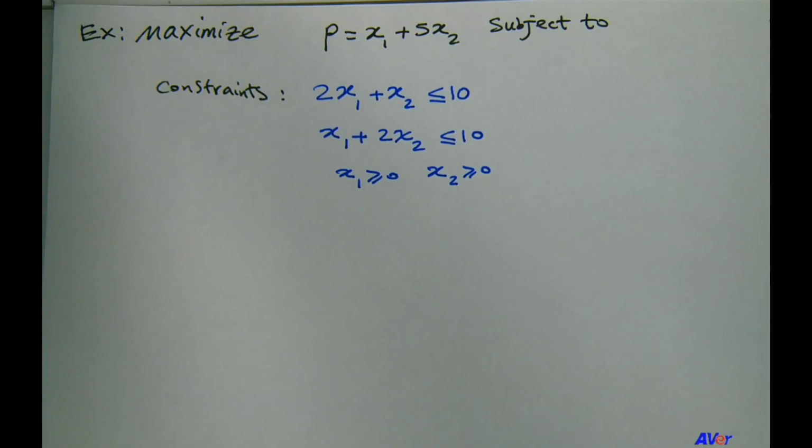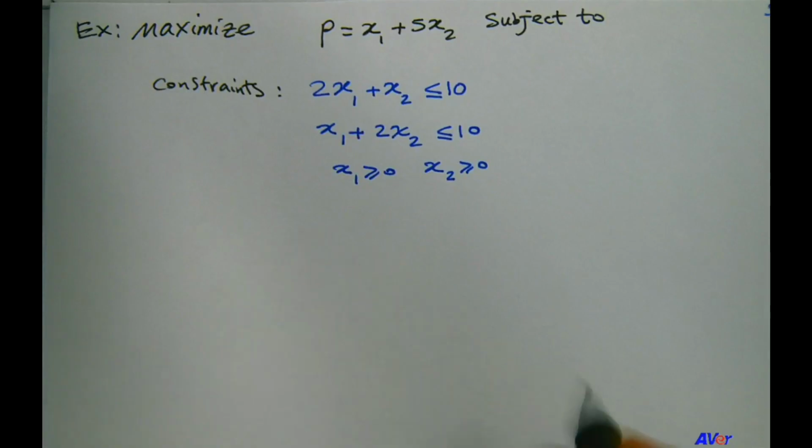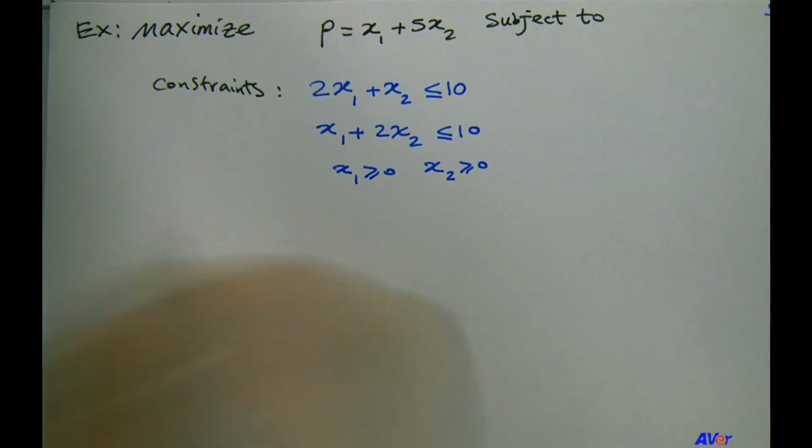Well, here is a maximum problem that we're going to take from start to finish. We talked about how to get the initial simplex tableau. Now we're going to finish this problem from start to finish. So the first thing for us to do is simply set up the initial simplex tableau.